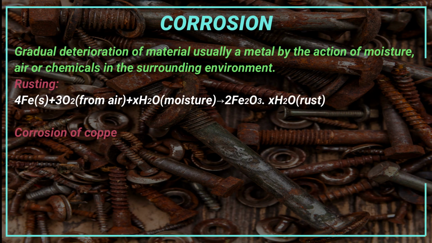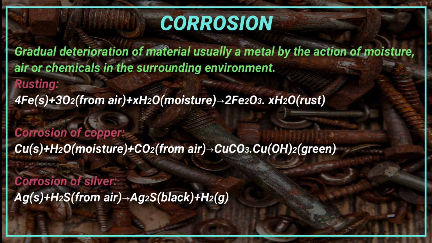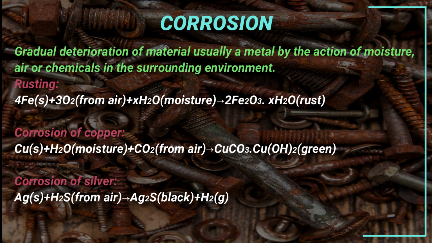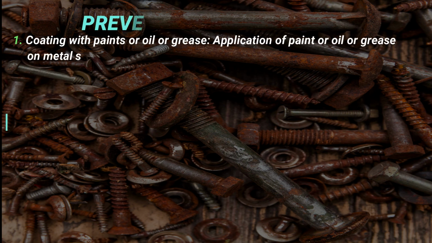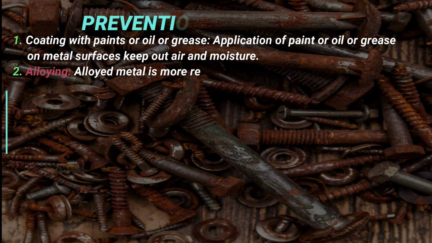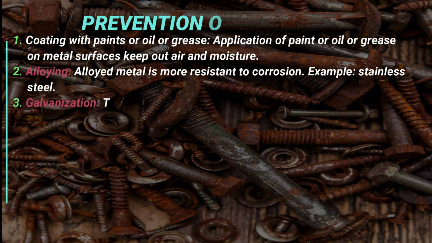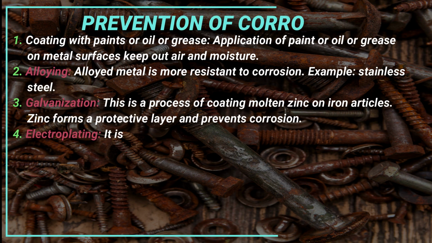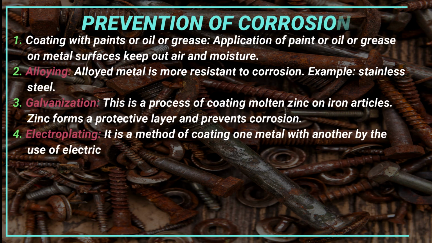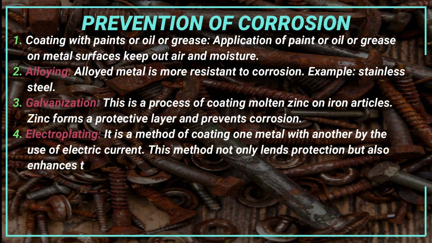Corrosion. Gradual deterioration of material, usually a metal, by the action of moisture, air, or chemicals in the surrounding environment. Prevention of corrosion. 1. Coating with paints or oil or grease. Application of paint or oil or grease on metal surfaces keeps out air and moisture. 2.